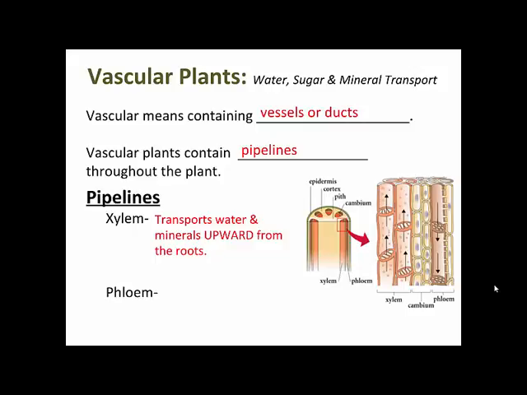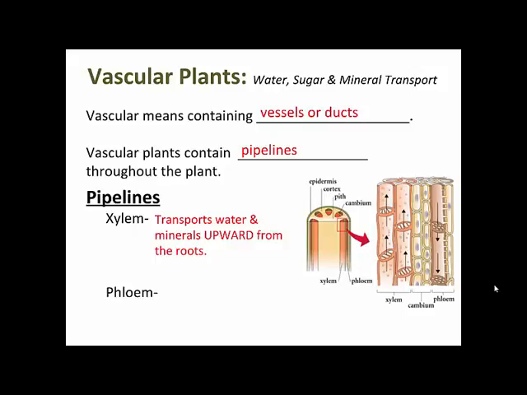So the xylem transports water, generally from the roots, where water is absorbed from the soil, up to the other parts of the plant. When we look at a cross-section of a stem, the xylem is the inner part of the plant.